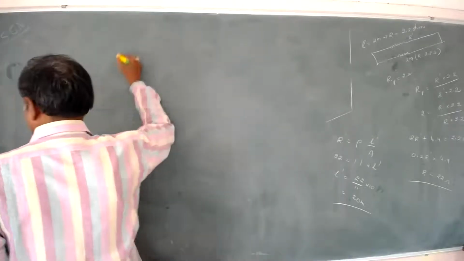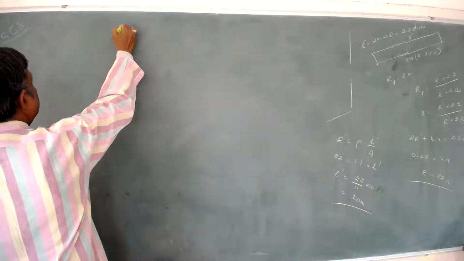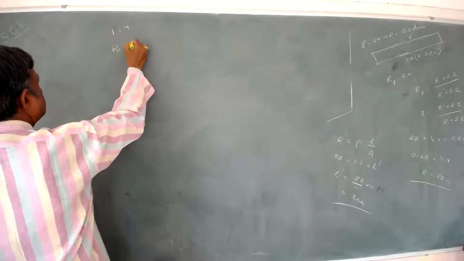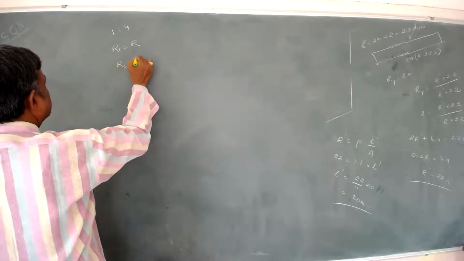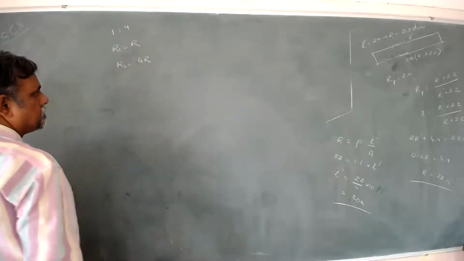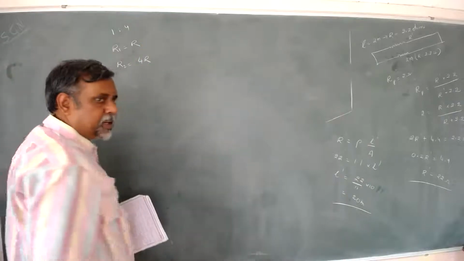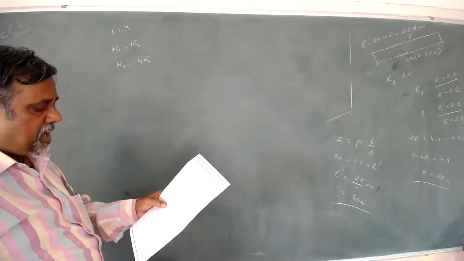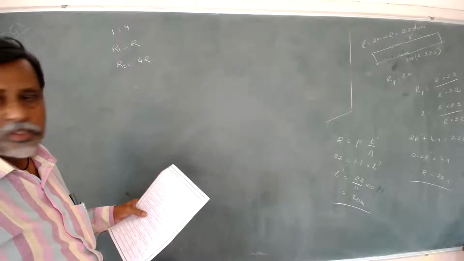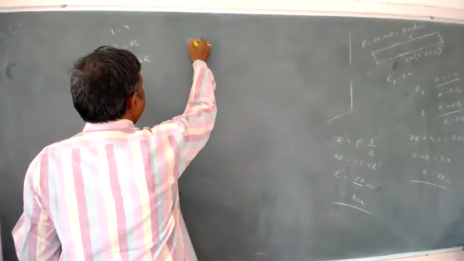Look at this. 1:4 means the first resistance is R and the second resistance is 4R. If these two are connected in parallel, the effective resistance becomes 20 ohm.